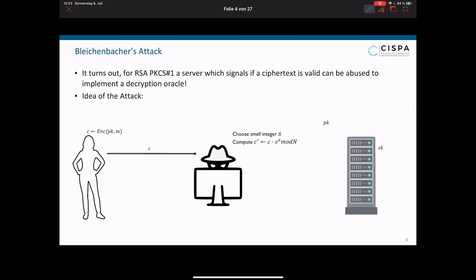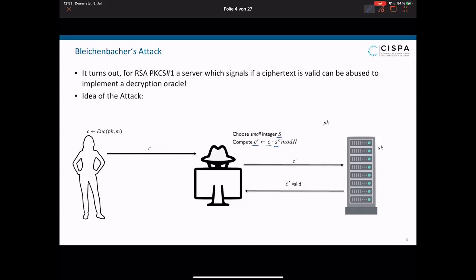The way this is done in Bleichenbacher's attack is he will choose a small integer s, and this s has to come from a certain specific range. Now he computes another ciphertext C prime, which is C times s to the e modulo n. He sends this ciphertext C prime to the server and monitors if the ciphertext is valid or not.